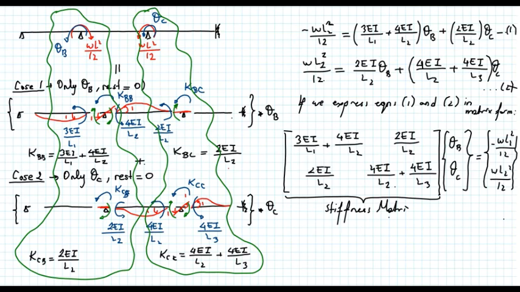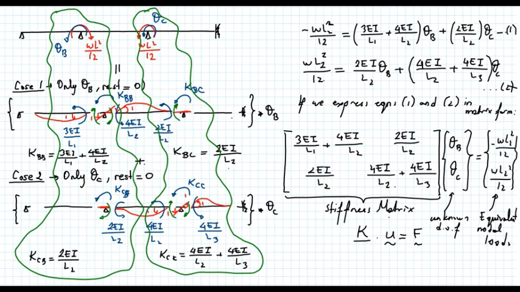And it's usually shown by the symbol K. This vector is unknown displacements or unknown degrees of freedom, and it's usually shown by U, and this is the equivalent applied nodal loads, and it's shown by symbol F. So at the end of the day, when we analyze the structure using the stiffness method, we always get a system of equations as follows.